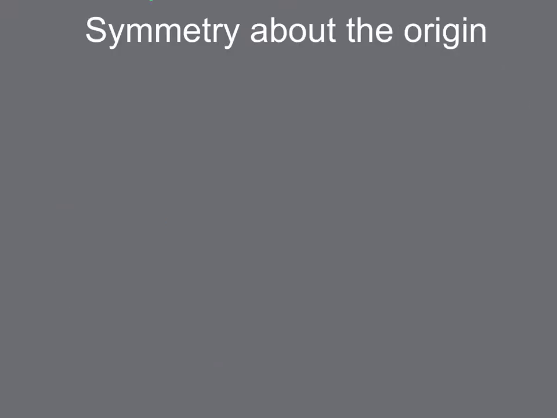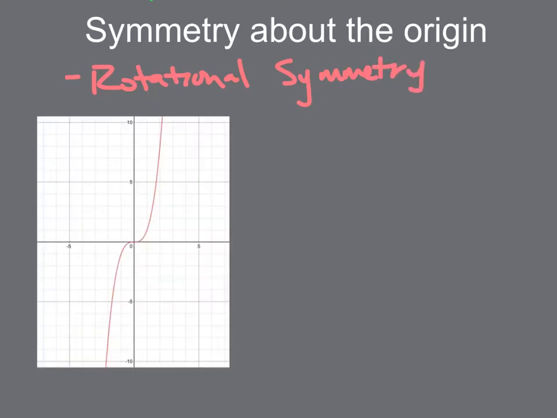The next thing I want to talk about is this concept called symmetry about the origin. This is also often referred to as rotational symmetry. Let's look at a function that's symmetric about the origin. This is an example of a function that is symmetric about the origin.